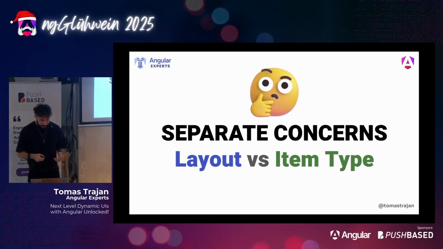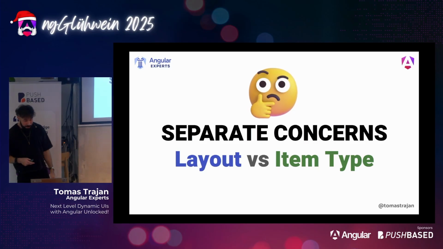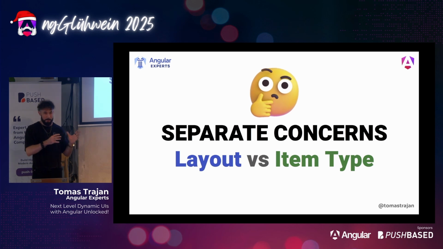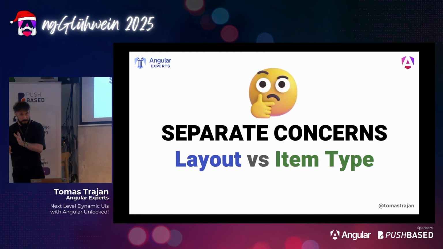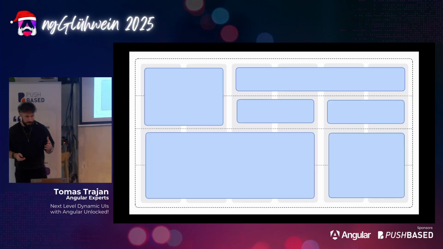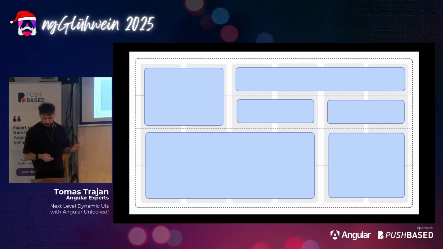All right, so let's jump straight into it. The first thing I would like to address, especially for this dashboard use case, is that it is very good to think about separating the main concerns of how things are laid out and how the specific dashboard item types are implemented. What would that mean? We have a dashboard, we have columns, we have rows, and those items can take different shapes and sizes, and we want to be able to specify that.